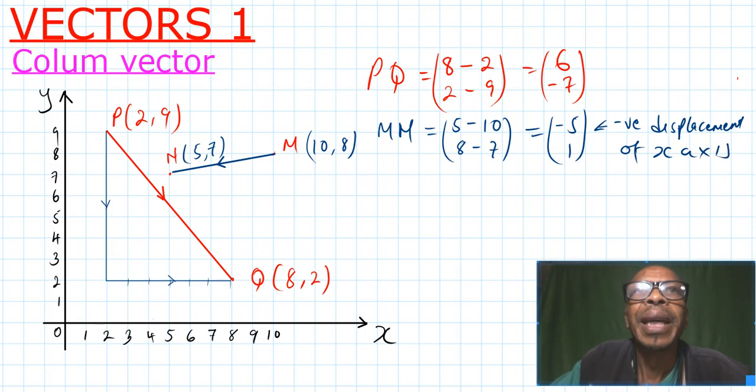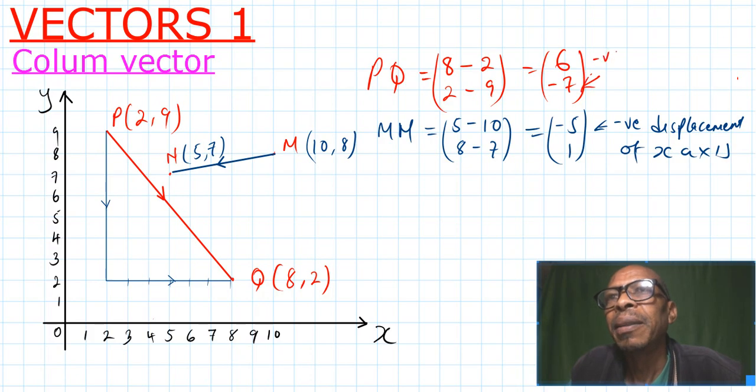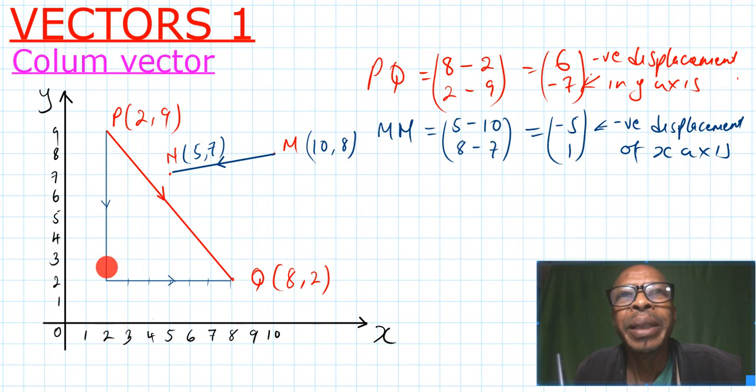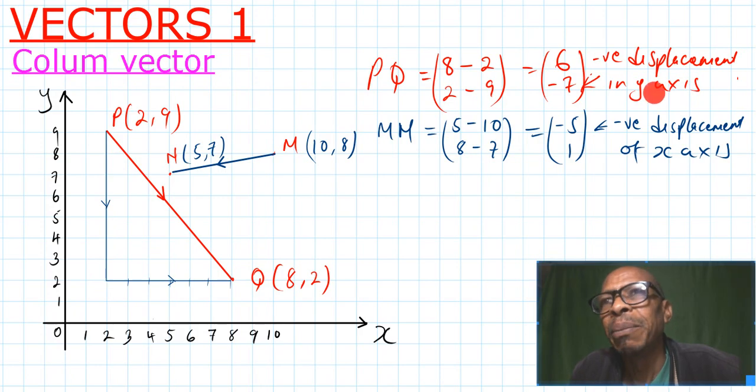Now the other one is negative in the y-axis. That is why I said when we have displacement downward in y, then the displacement is negative.